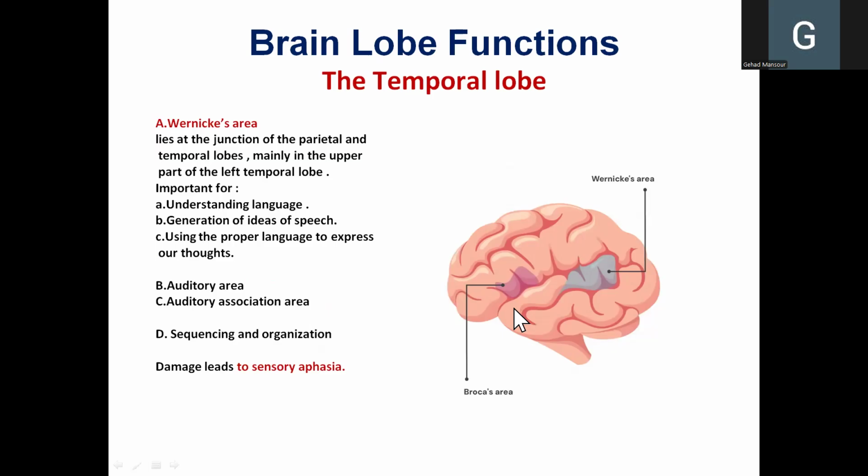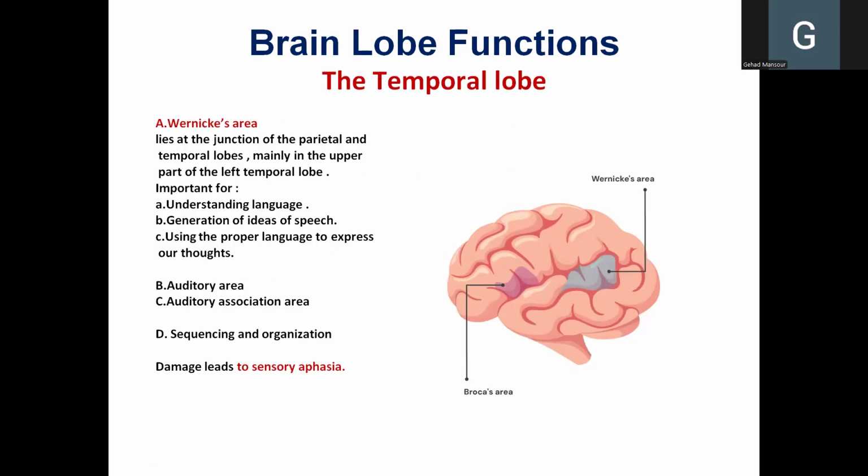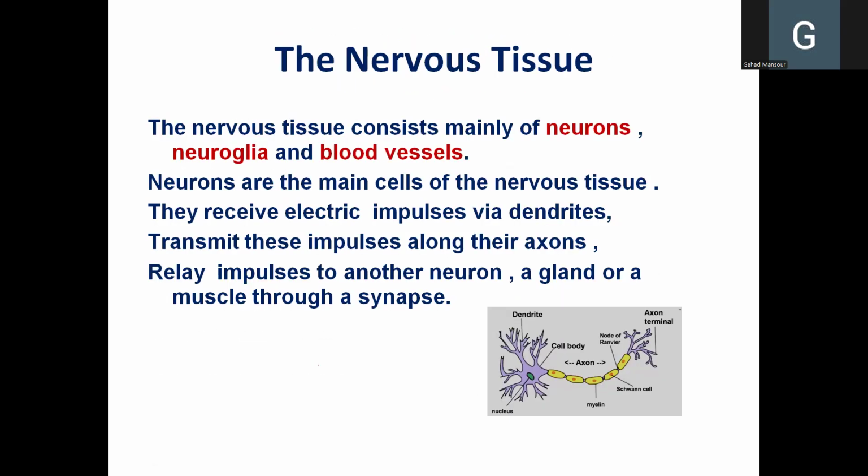If the auditory area is damaged, you do not hear the sound. If the auditory association area is damaged, you hear the sound, but you do not understand it. And again, we have sequencing and organization. We have seen sequencing and organization in the frontal lobe, as well as in the temporal lobe, as well as in the parietal lobe. So they all help this function.